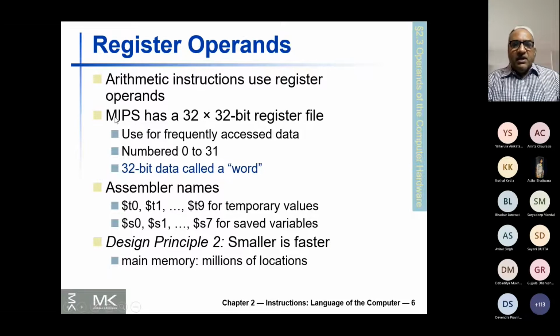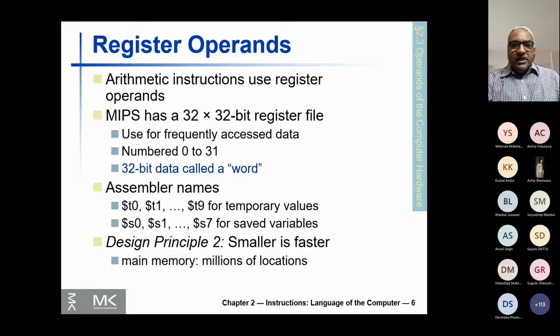The architecture assumes the underlying hardware contains 32 registers, numbered 0 to 31, each holding 32 bits of data. These registers contain the most frequently accessed data by the processor, the computational unit.